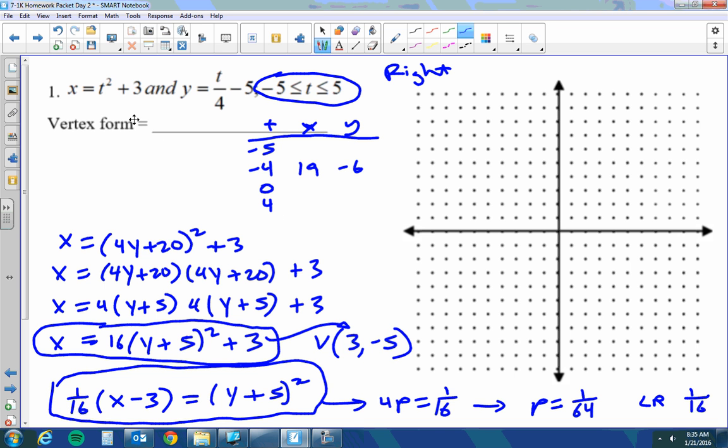If I plug in 0, what do I get? 3, -5, which means it'll be at the vertex at time 0. If I plug in 4, what do I get? 19 comma what? -4. If you plug in positive 4 here, you get 1 minus 5 is -4.